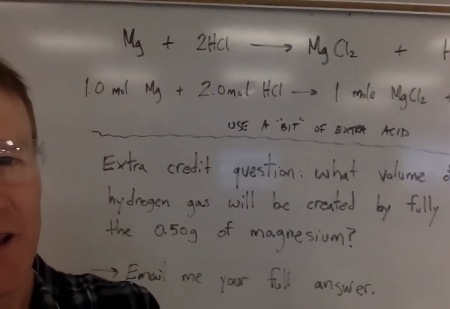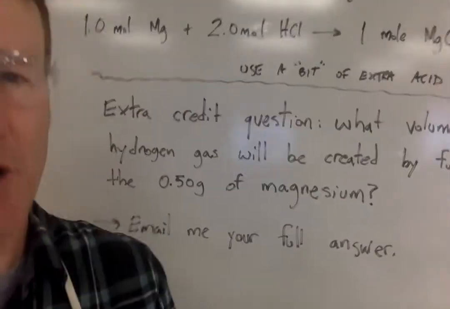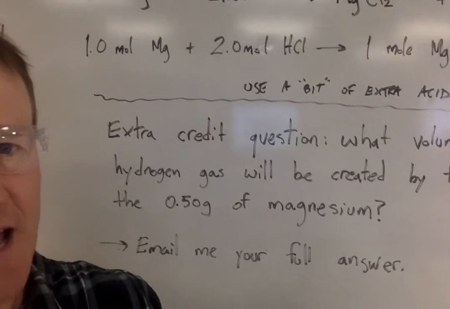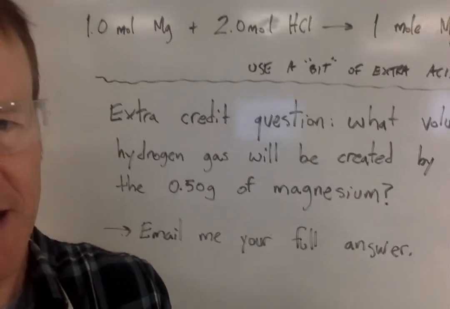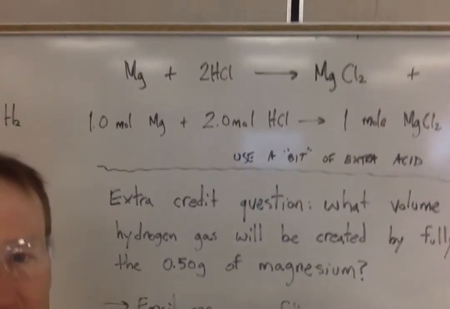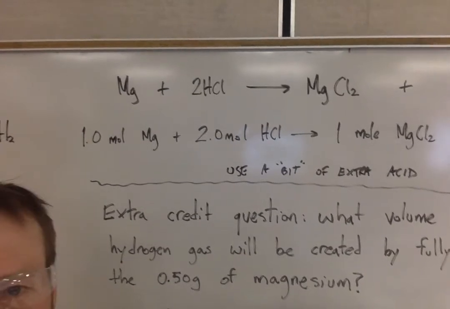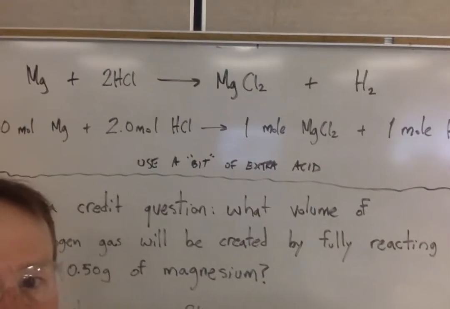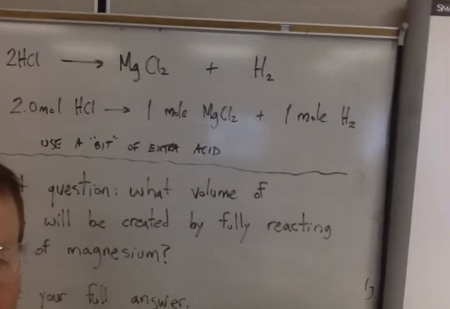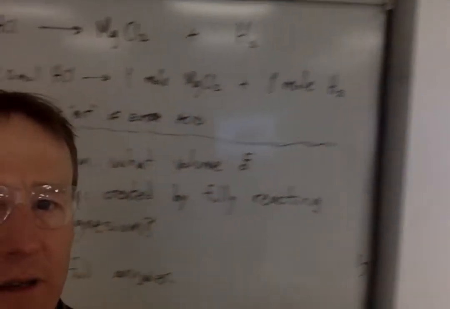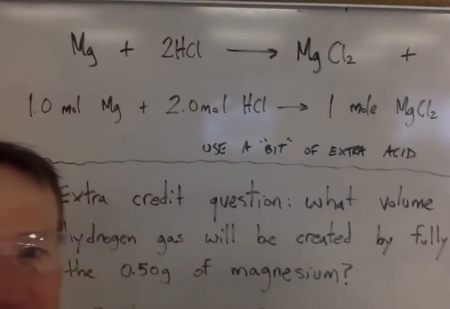In other words, we could think about those coefficients as chemical amounts. This is a big insight for you. Science 10, Mg plus 2 HCl makes MgCl2 plus H2. That 2 is extremely important.